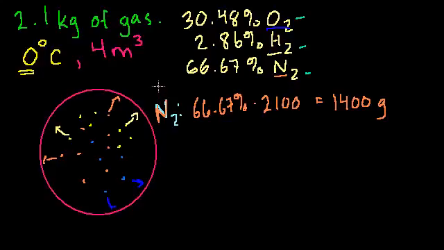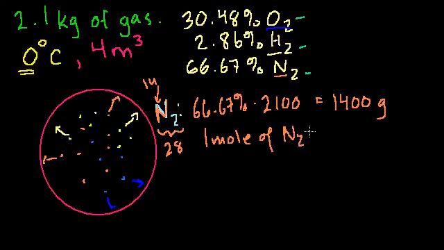Well, we know that the atomic mass of nitrogen is 14. So this molecule has 2 nitrogens, so its atomic mass is 28. So one of these molecules will have a mass of 28 atomic mass units, or 1 mole of N2 would have a mass of 28 grams. So 1 mole is 28 grams.